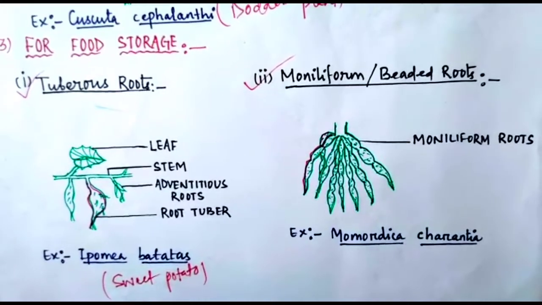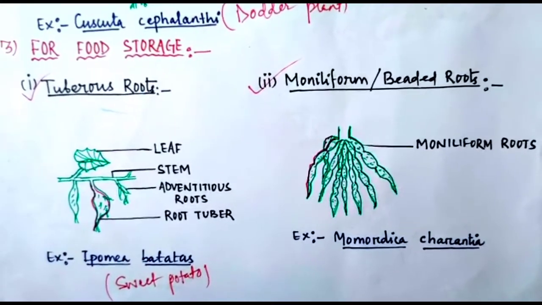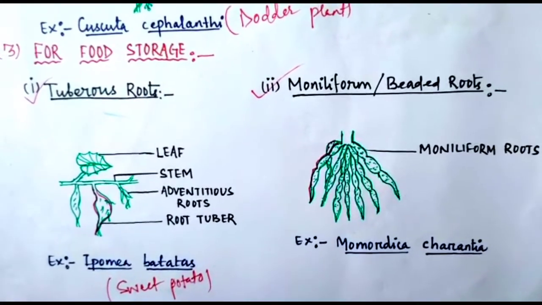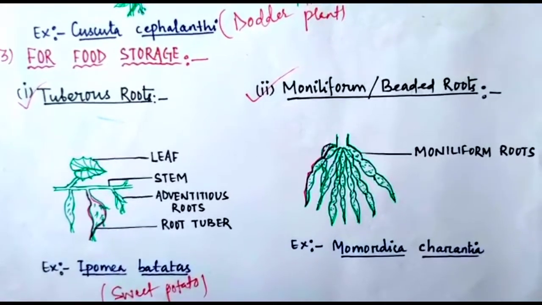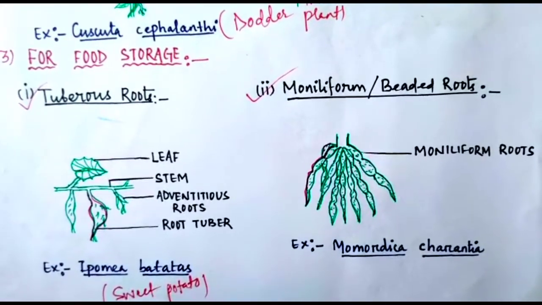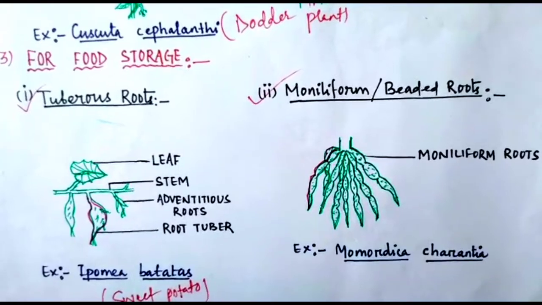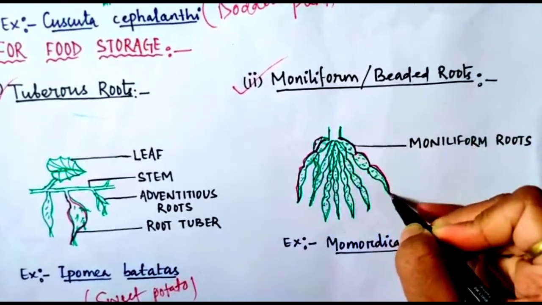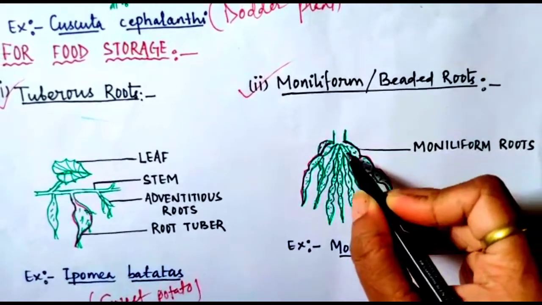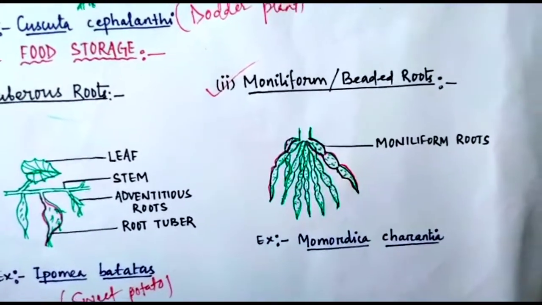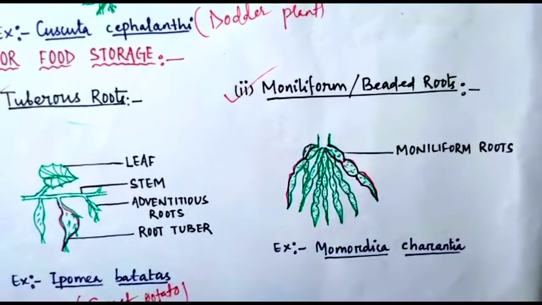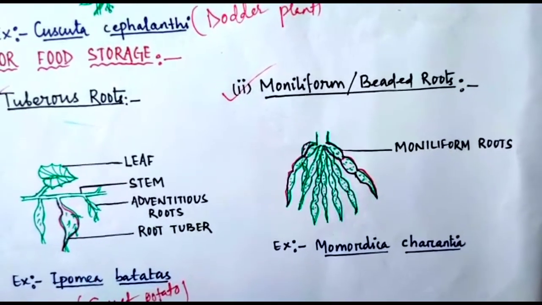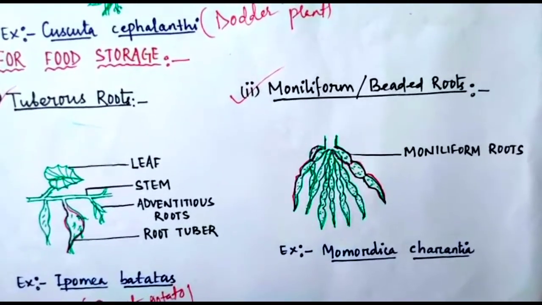Then the second is called the moniliform root or the beaded roots. In this case, the adventitious root is swollen at regular intervals, giving a beaded-like appearance. This type of roots are known as moniliform roots or the beaded roots.